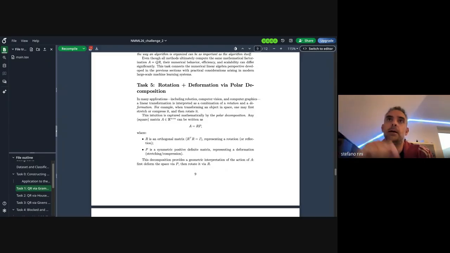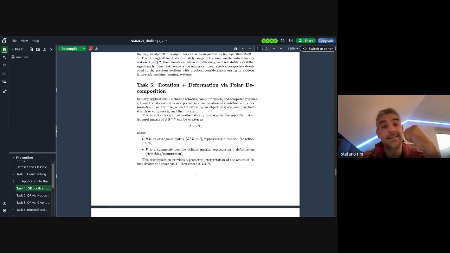Or maybe you are seeing a scene and you can interpret it geometrically: there is a lens that determines the deformation, and then there is the orientation of the object. This is, for example, pose estimation: you have a certain 3D object, an image of it, and you have to estimate the pose.